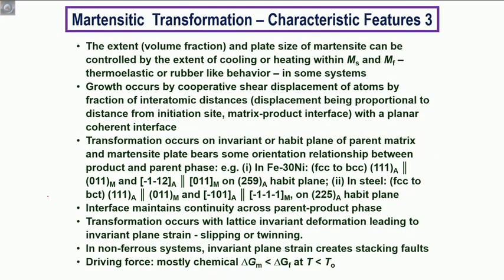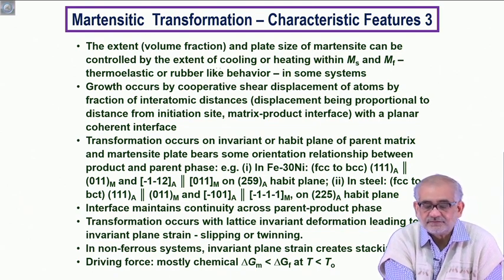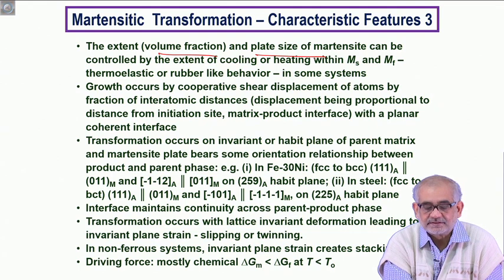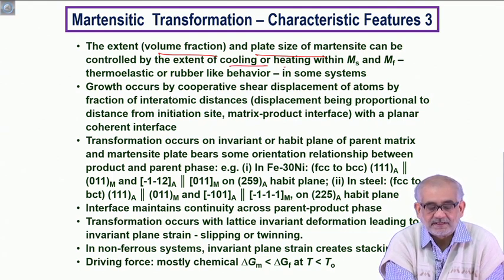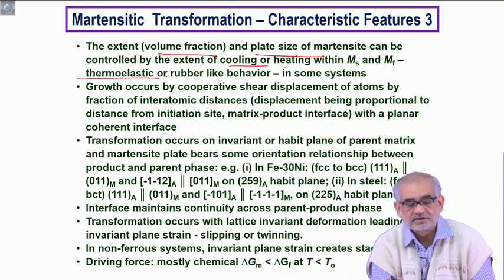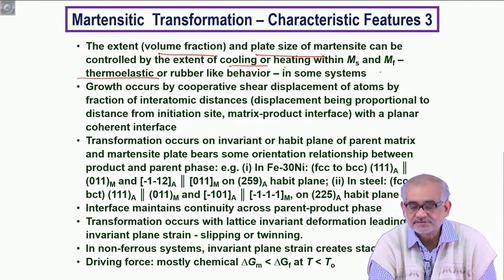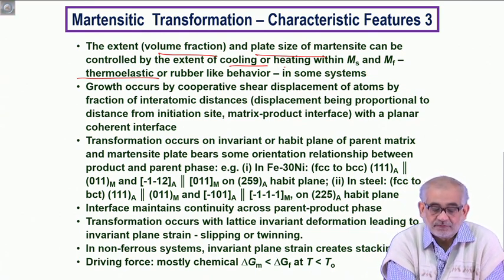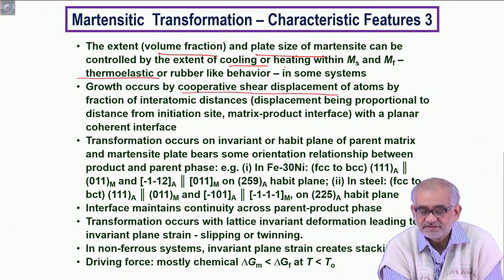Now, the volume fraction and the plate size of Martensite you can control by the extent of cooling or heating, and in fact, in some other systems they can behave completely reversibly, with so called thermoelastic or rubber like nature, but this is not in steel, but in some other non-ferrous systems. I already mentioned, and let me repeat, that the growth occurs by cooperative shear displacement.